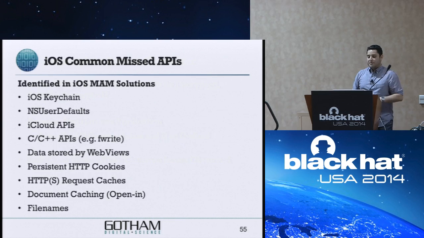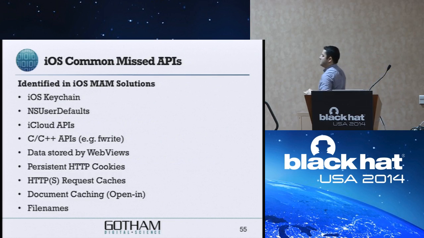So let's walk through some of the common APIs that we saw that were missed. For iOS, we saw that keychain stuff typically wasn't wrapped. Why it wasn't wrapped, I'm not sure. Maybe they think that keychain is secure already, but if you're not relying on device-level policies and you can't enforce a passcode on the device level, the keychain is not very secure.